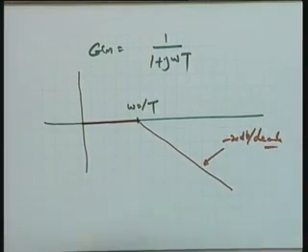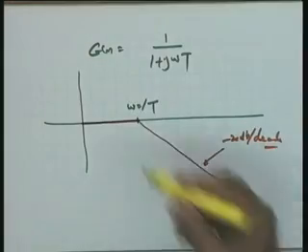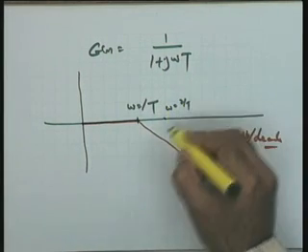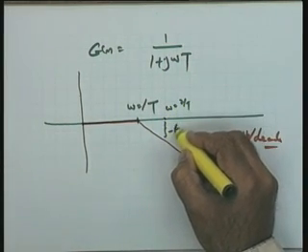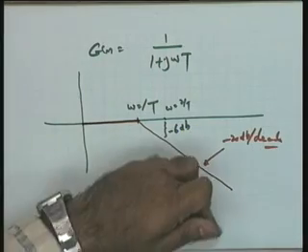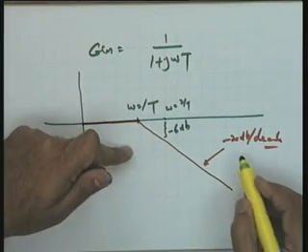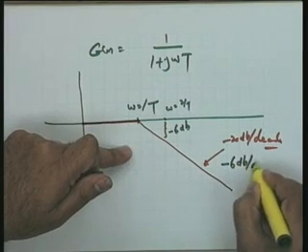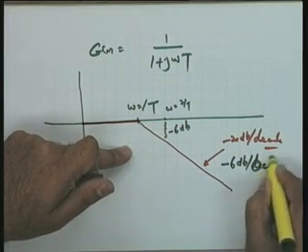You will please note one point, that if you calculate this at omega is equal to 2 by t, this will turn out to be minus 6 dB, this magnitude, and hence minus 20 dBs per decade is the same as minus 6 dBs per octave.